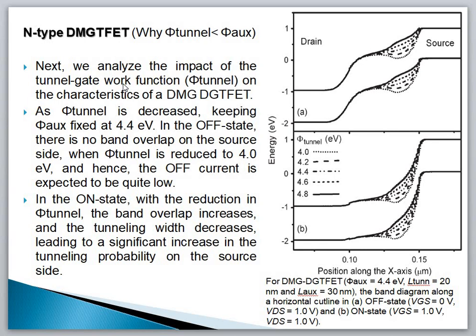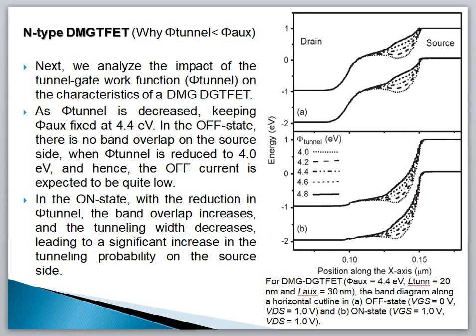Next, we analyze the impact of tunnel gate work function on the characteristics of the dual material gate double gate tunnel field effect transistor, as the tunneling gate work function is decreased, keeping the auxiliary gate work function fixed at 4.4 electron volt.